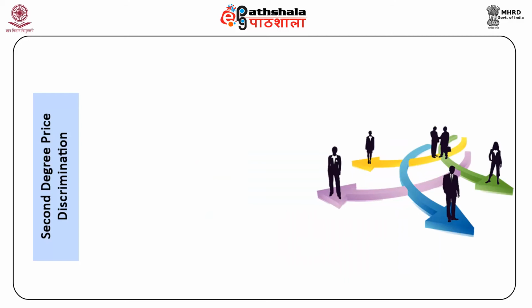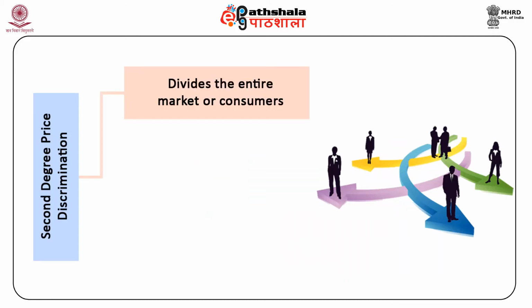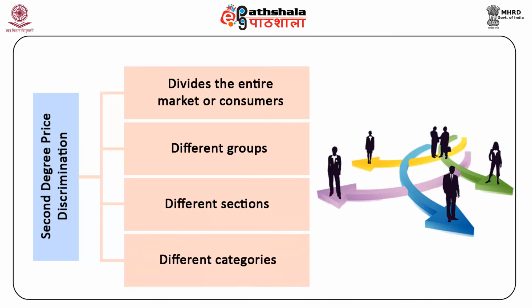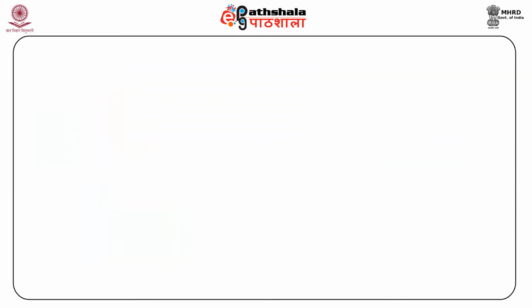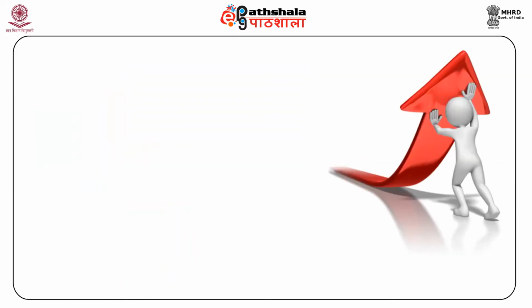Second degree price discrimination. When the monopolist divides the entire market or the consumers into different groups, sections or categories and then charges different prices from each section, then this type of price discrimination is known as second degree price discrimination. Third degree price discrimination.